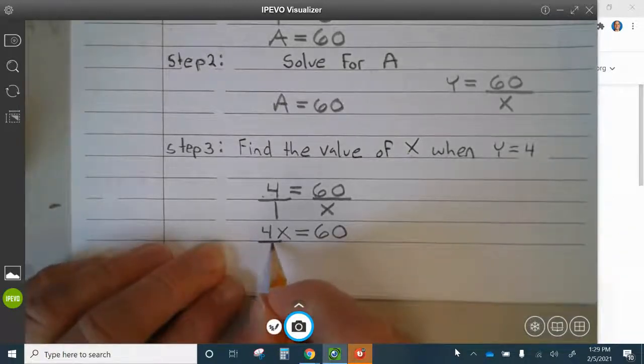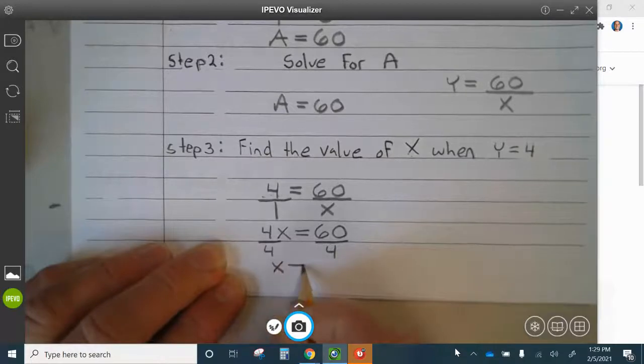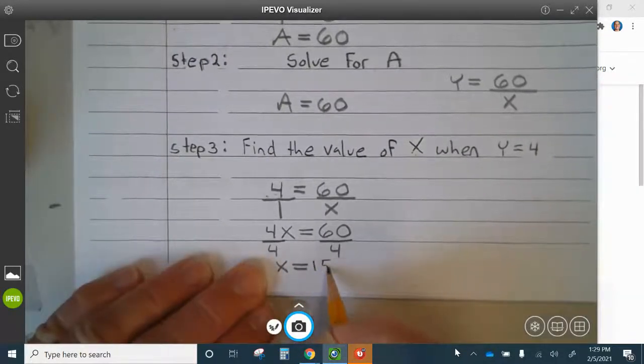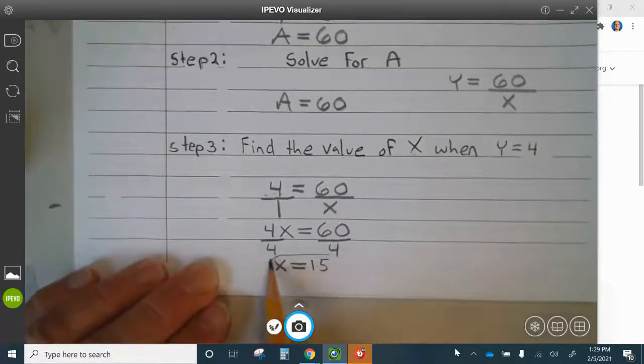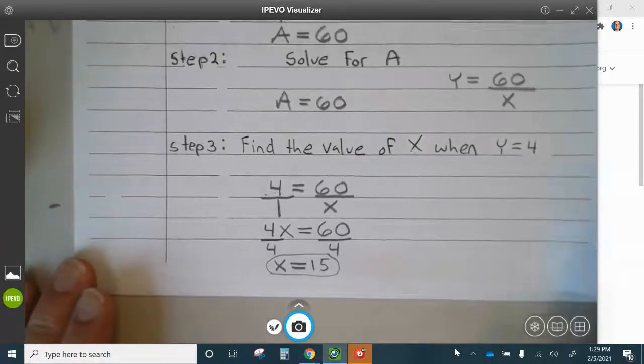Divide both sides by 4. So 60 divided by 4 is 15. Okay, go ahead and finish up question 2.